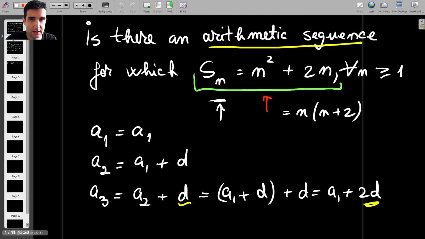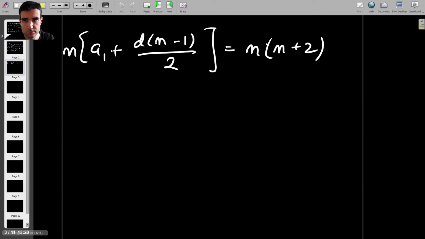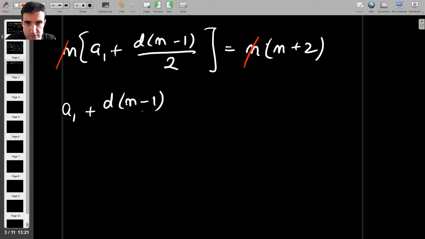Now remember that this is valid for any n which is at least 1. So we can cancel out the n's because they cannot be 0. This gives us a1 plus d times n minus 1 over 2, and that's equal to n plus 2.